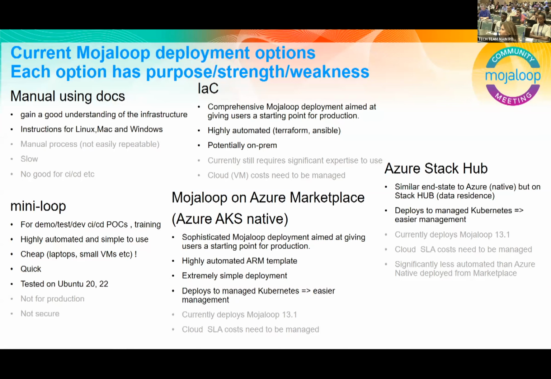It's not as automated, and that's why you see the grey on this slide. Each one of these options has its pluses and its minuses, but that's the cool thing about having options, and we want to have even more. We want to get the community to help us get to that starting line, which is the deployment of Mojaloop, because after that, everything gets interesting.